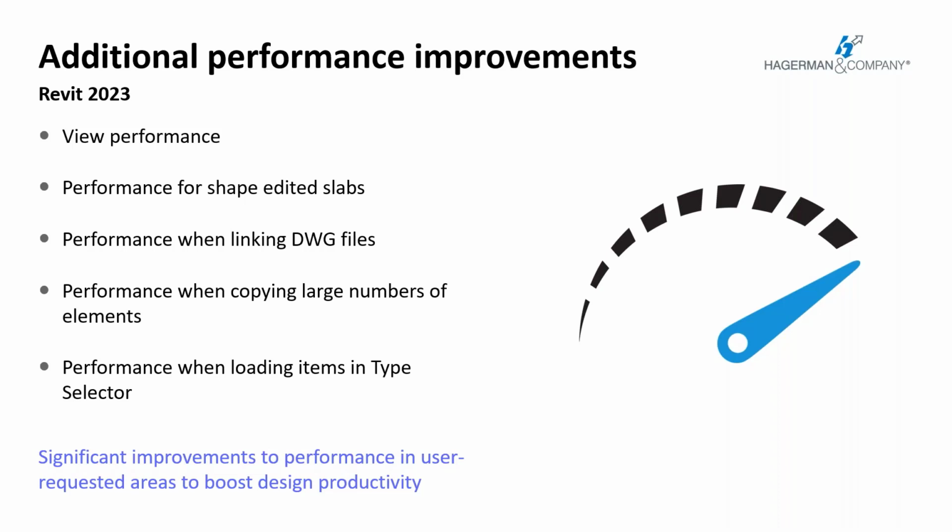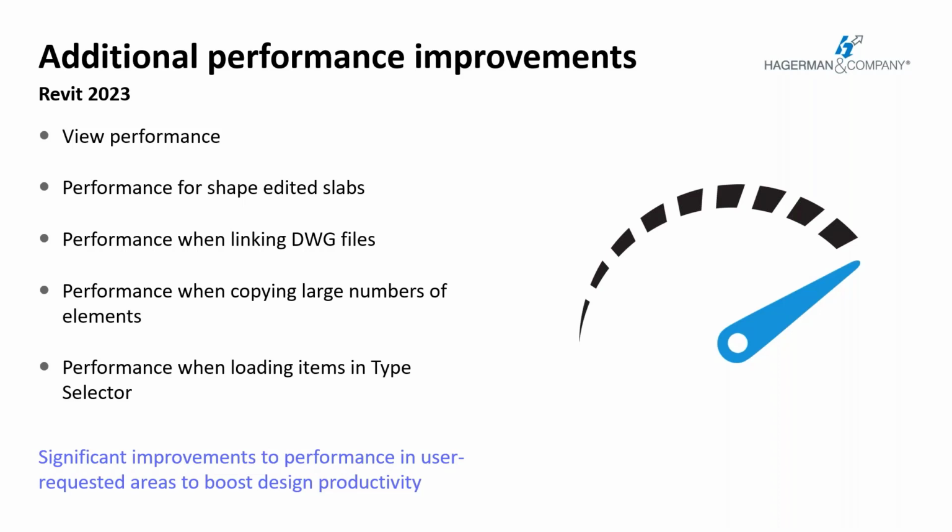Another one that was reported was with hidden edges, and users reported that Revit performance suffered when many hidden edges are displayed, but they've shown that Revit 23 provides an average performance improvement of about 35% in opening and navigating views with hidden edges. And then there's some other ones along here. They improved performance for shape edited slabs.